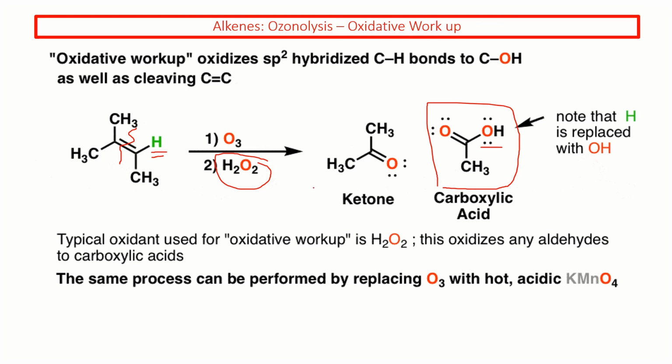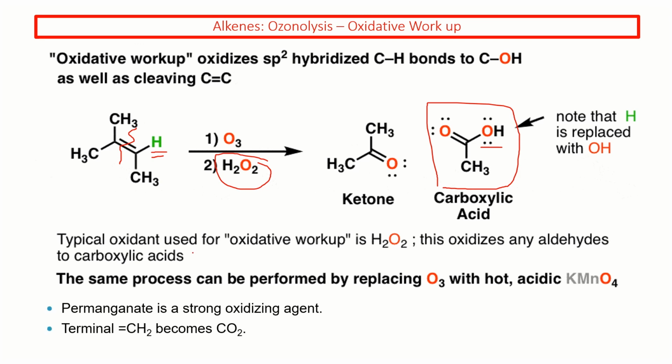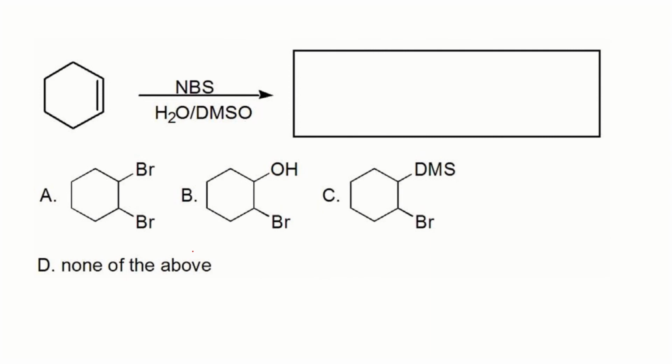So if there is a terminal hydrogen, or a hydrogen present on your alkene, I should say, then ozonolysis under oxidative conditions will generate carboxylic acids. The same thing will occur with hot potassium permanganate. And this one we did not go through, but we'll talk about it when we start to do radical reactions.